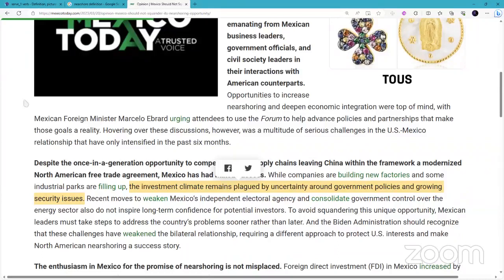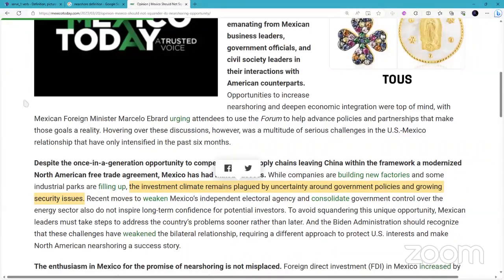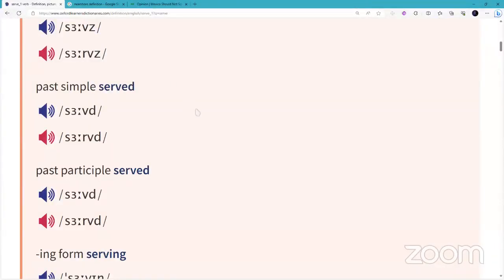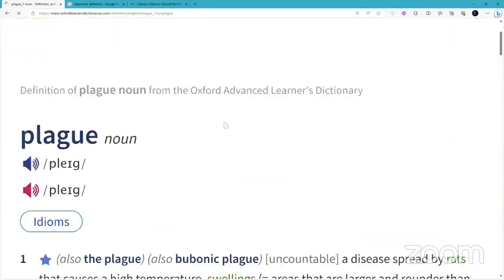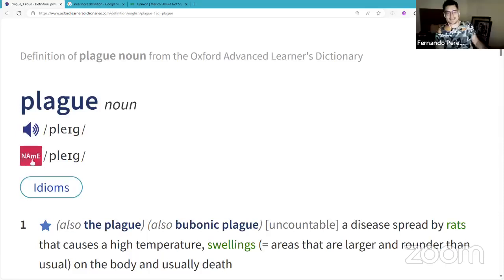The yellow part. The investment climate remains... Oh, that's difficult. Remains plagued. No, let me help you. Don't worry, I can help you. Plague, like the bubonic plague.